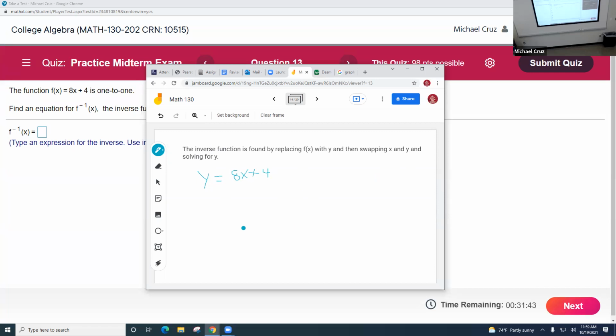All right, so now we're going to swap. And we're going to have x is equal to. Okay, so see what I did there? The red ones got swapped and changed. Now we're going to solve for y.